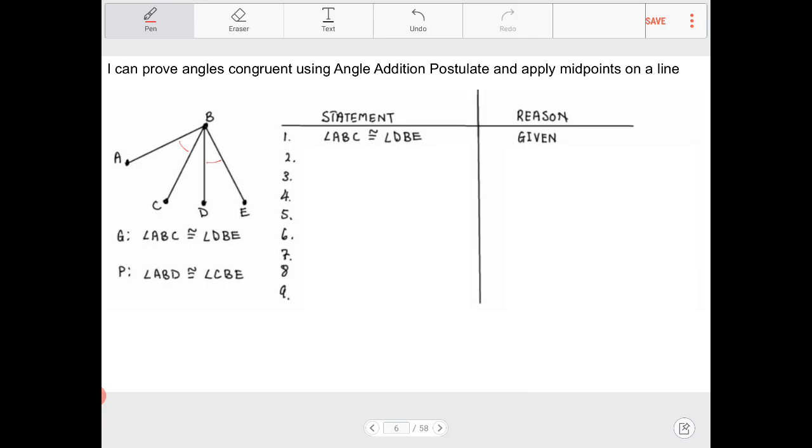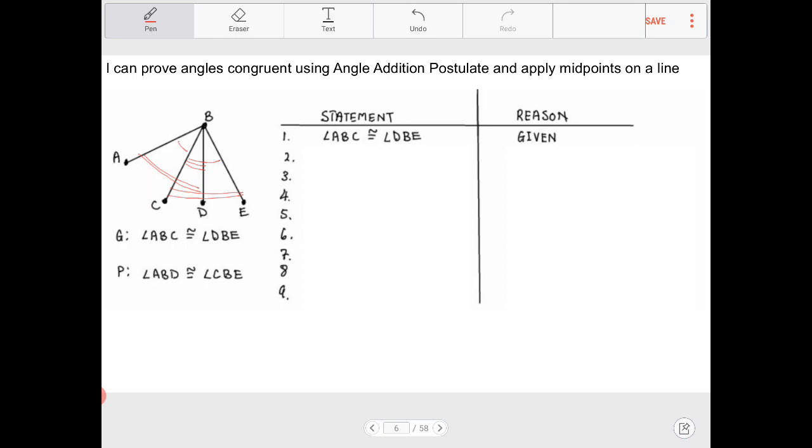And my goal is to show that angle ABD is congruent to angle CBE. And how am I going to do that? Well, if you look at this, the angle that's sandwiched in between the two, angle CBD, is certainly congruent to itself.